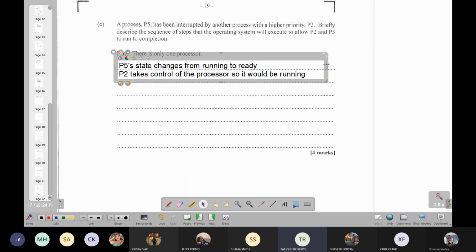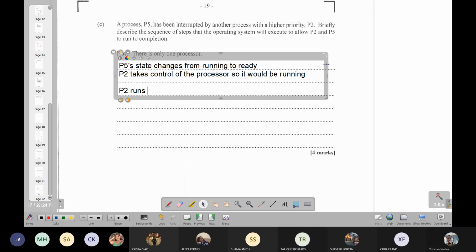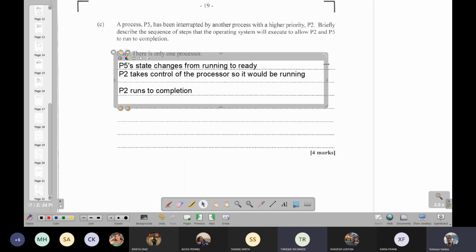And after P2 is finished, P2 runs to completion. Wait, repeat what you said just now.